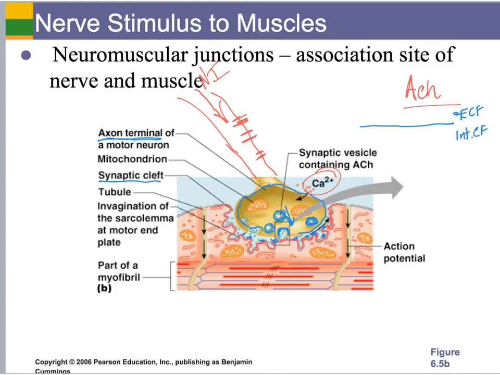So we know that we have a lot more sodium ions out here than inside. So there's lots of sodium out here in the extracellular space, and we can just draw lots of sodium ions, right? We also know that we have some potassium ions on the inside.